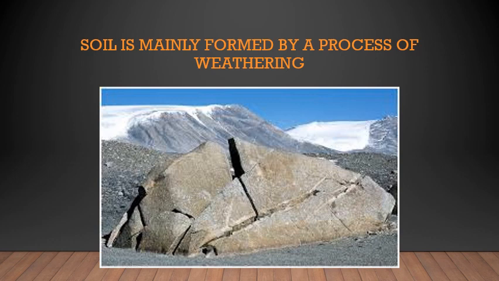That is how soil formation takes place. Soil is mainly formed by the process of weathering. Weathering is the act of nature, like rain or sun or extreme winter. Any weather conditions become the reason for breaking down of these rocks.